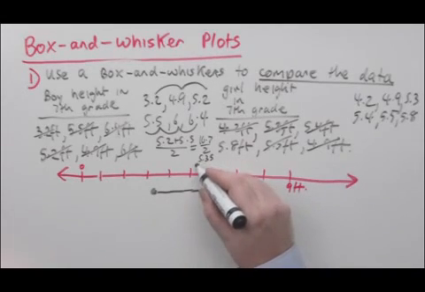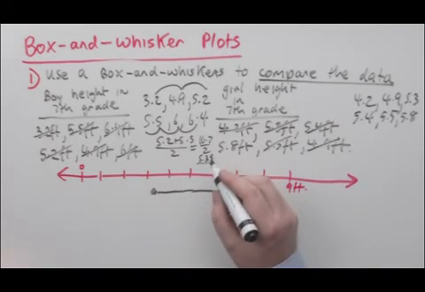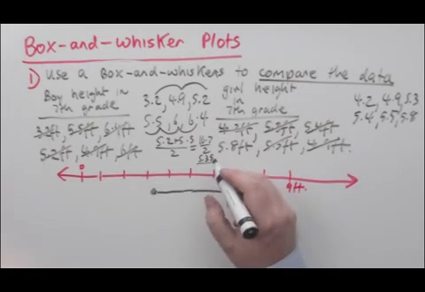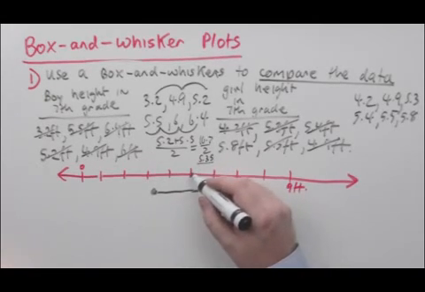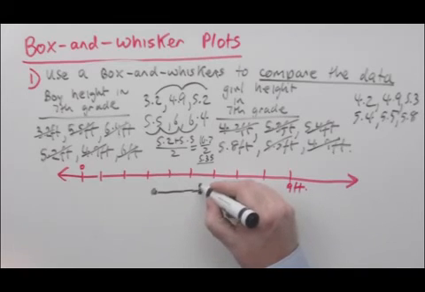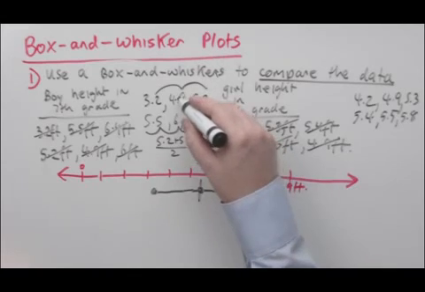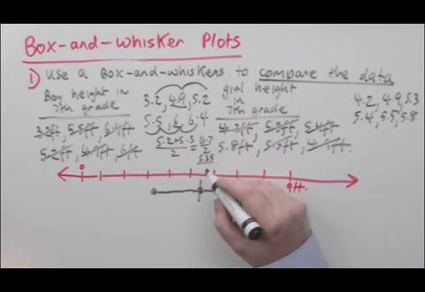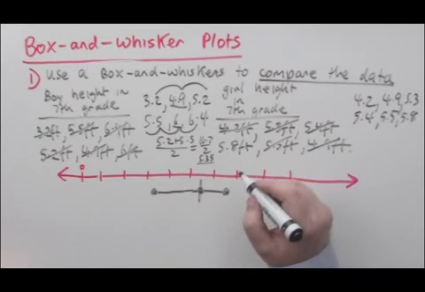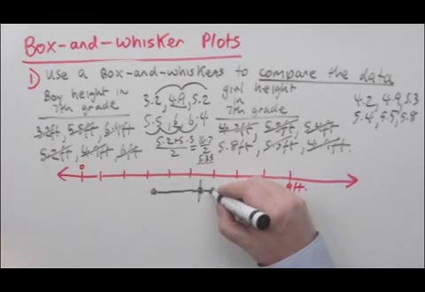So the median height is 5.35, which is approximately between 5 and 6, closer to 5.5. So it's approximately there. I'm going to draw a line for that one. That's the median height for boys.